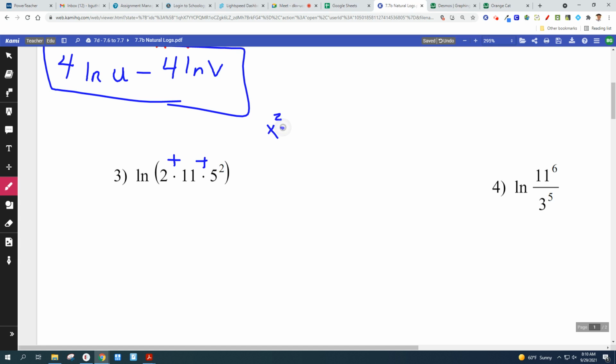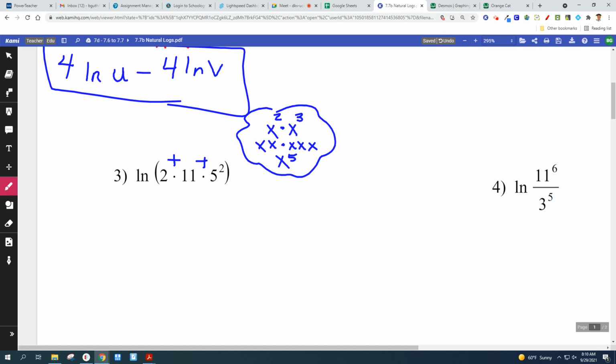If I said x squared times x to the third, you're not really multiplying, you are going to be adding, because x squared looks like this and x to the third looks like this. So really you're just adding those two numbers to find that there are 5 of them, x to the fifth. So that's kind of a reason why what's going to happen is going to happen.